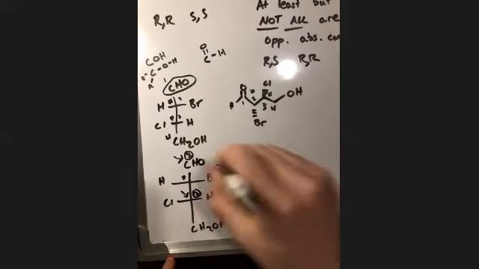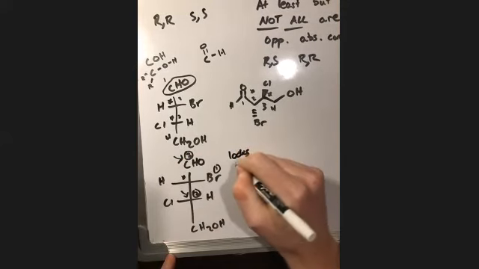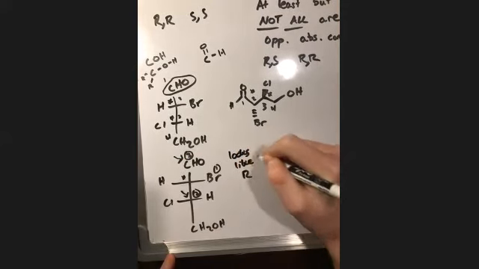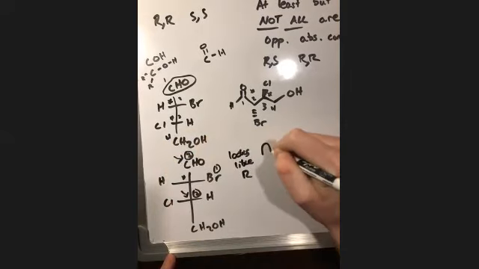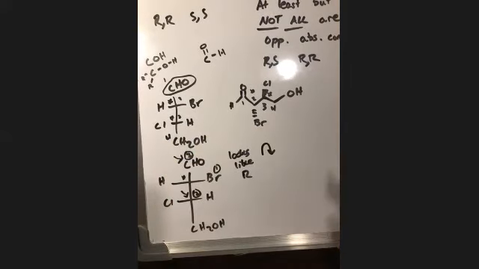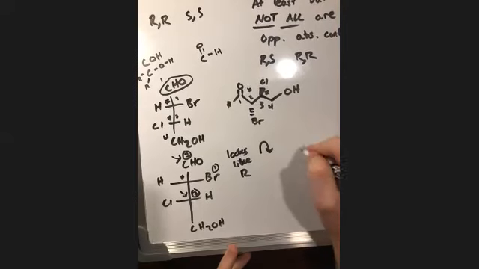So now this looks like R because it's going clockwise. And the last thing to point out in all Fischer projections is the vertical lines are dashes and the horizontal are wedges.